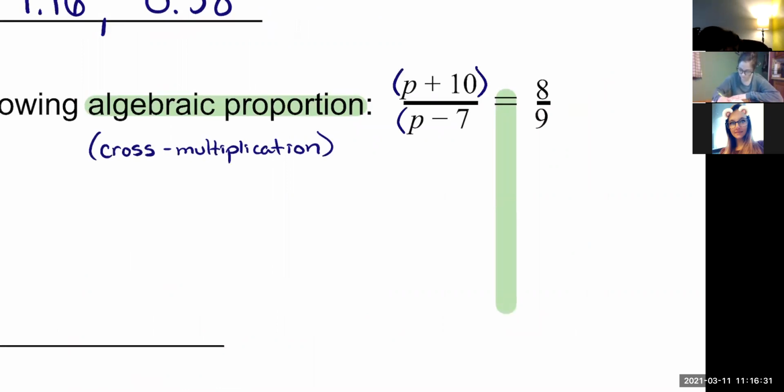And that is why we wrap them in parentheses. We just, when we first learned proportions, didn't have that vocabulary yet. But what I'm going to do is take the binomial p plus 10, which is the first numerator, and multiply it with the second denominator. So we're looking at 9 times p plus 10. And that's going to equal what we get from cross multiplying the opposite direction. So that's going to pair the 8 with the binomial p minus 7.